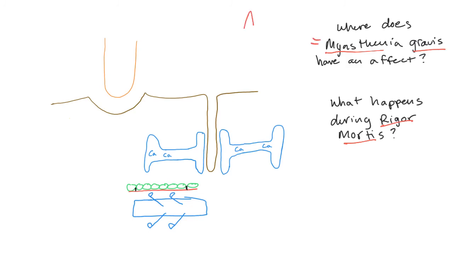This is an autoimmune disorder. So, what is an autoimmune disorder? This is when your white blood cells, your immune system, attacks some cell or tissue in your body. What cell, tissue, protein do you think myasthenia gravis has an effect on?